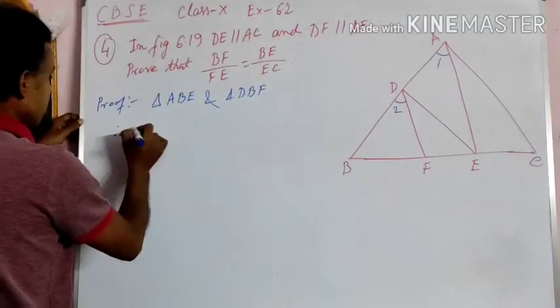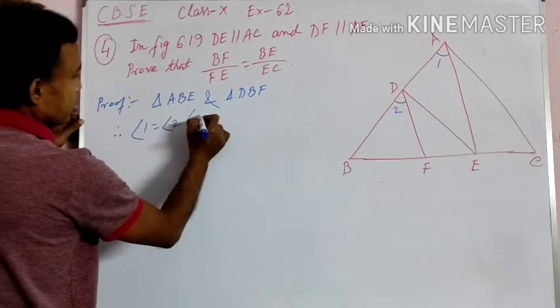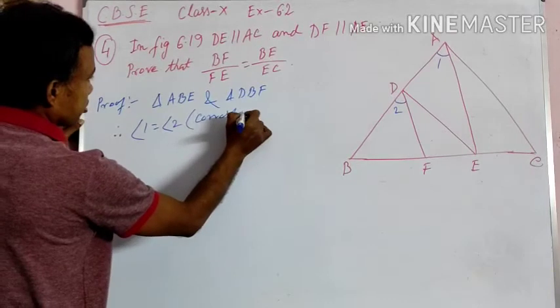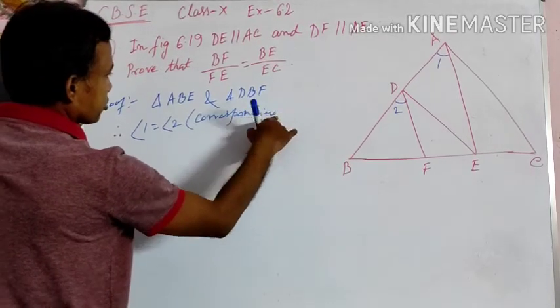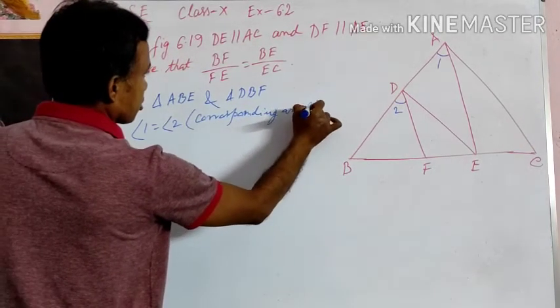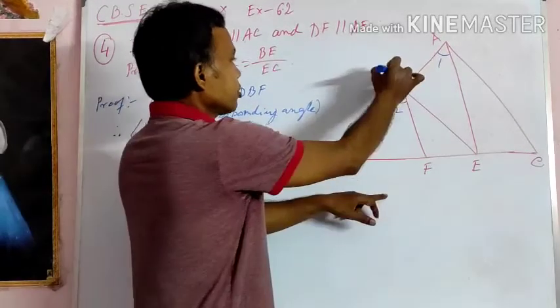Therefore angle 1 is equal to angle 2 because they are corresponding angles.